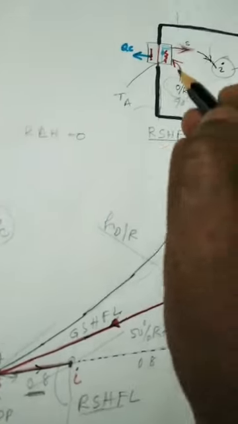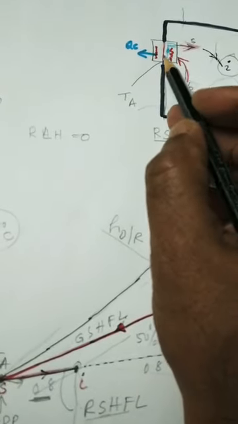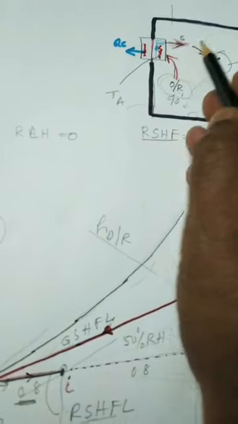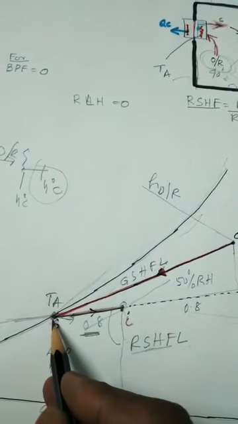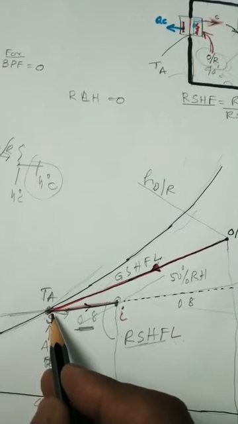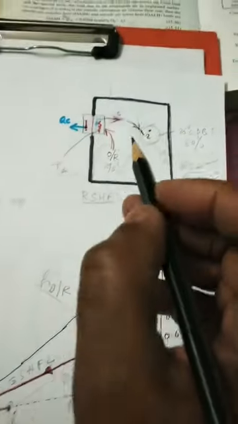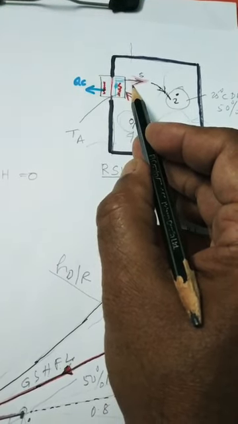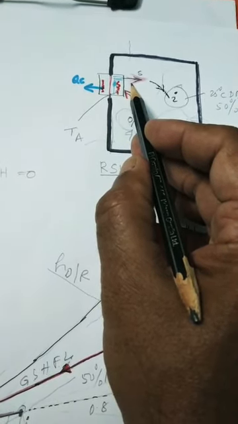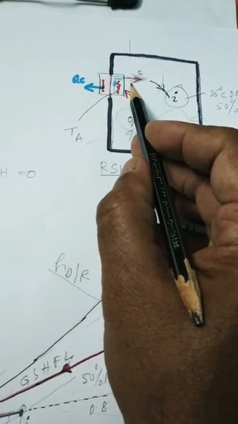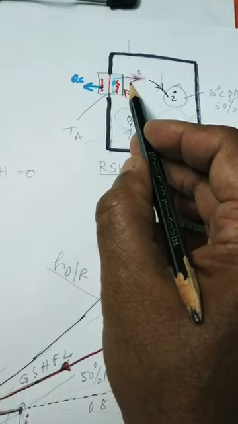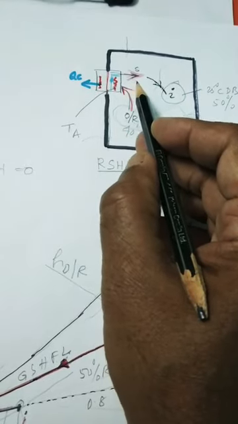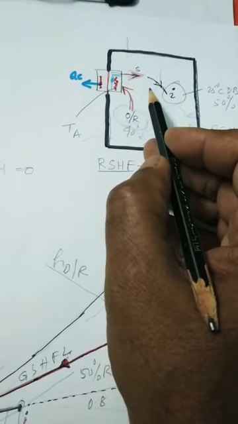Second process, when the air comes out of the cooling coil, getting supplied to the room, then this air, which is at a very low humidity and very low temperature, adds in temperature, adds in humidity, and increases its humidity and temperature.